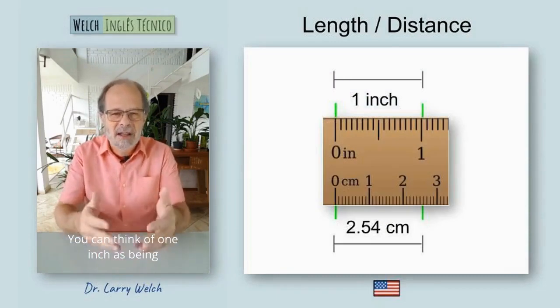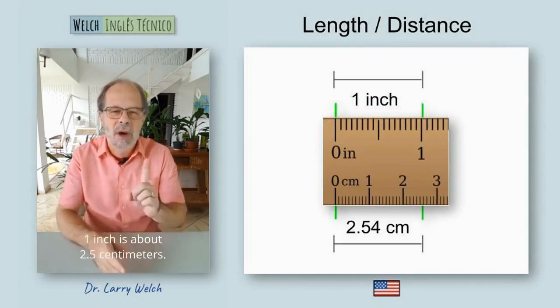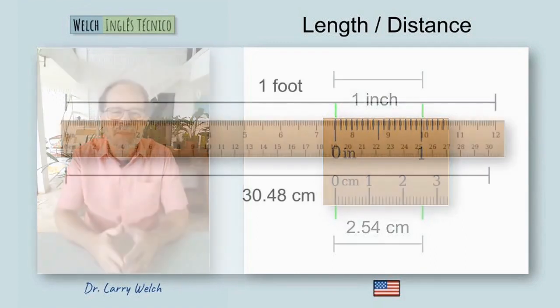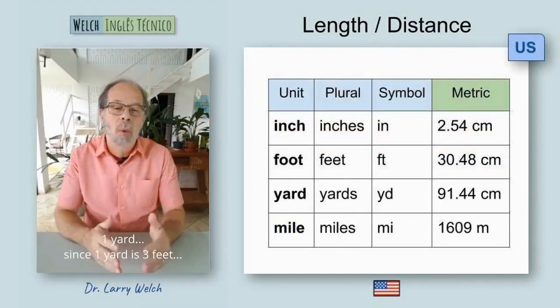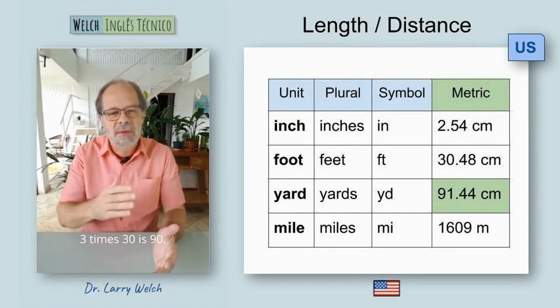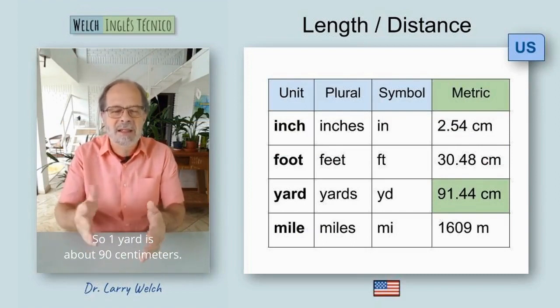Now, how are these units related to the metric system? You can think of 1 inch as being about 2.5 centimeters. 1 foot is about 30 centimeters. 1 yard, since 1 yard is 3 feet, 3 times 30 is 90, so 1 yard is about 90 centimeters.